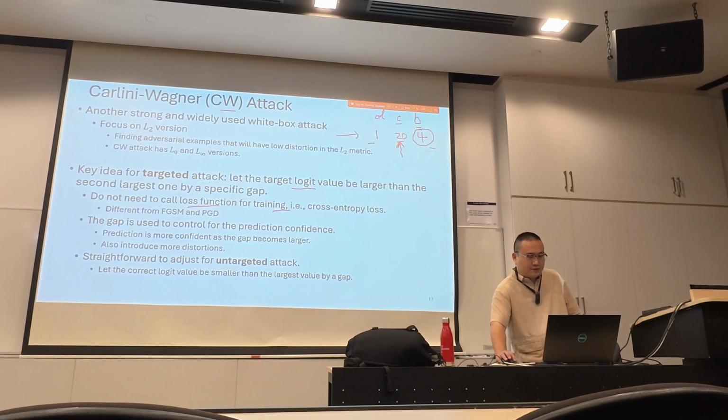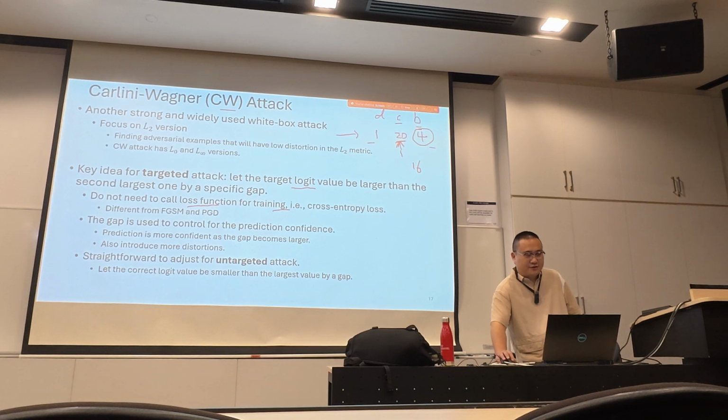When we let the target logit be the largest one, we also want to define the gap. For now, for example, we want the gap to be at most 16, and then the target logit can be at most 20. We don't want to increase the target logit infinitely. For example, we don't want it to be 1,000 or 10,000, that can be too large.